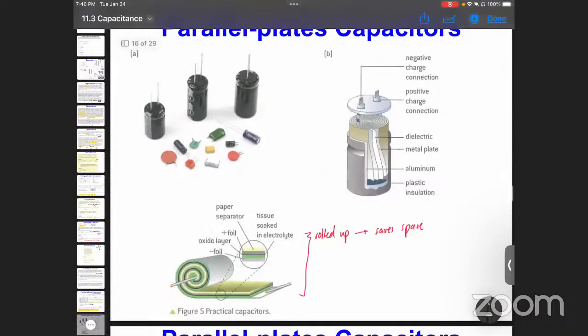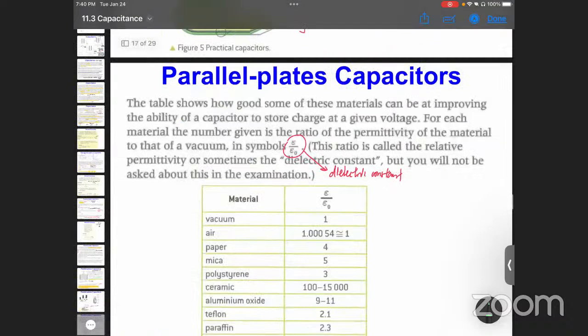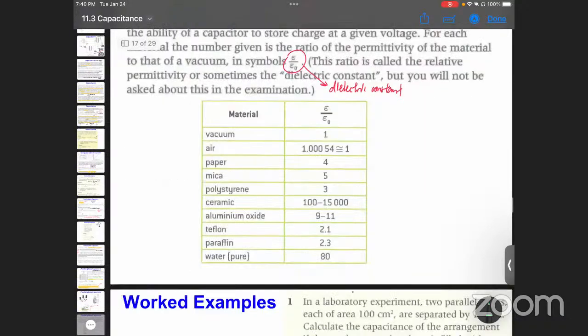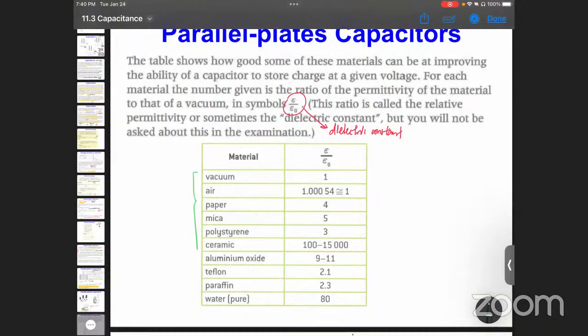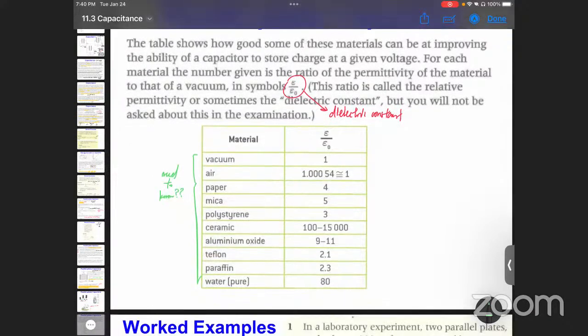I think we stopped around here last time. Here you have the ceramic. Oh, now I have 15,000. All right, very good.